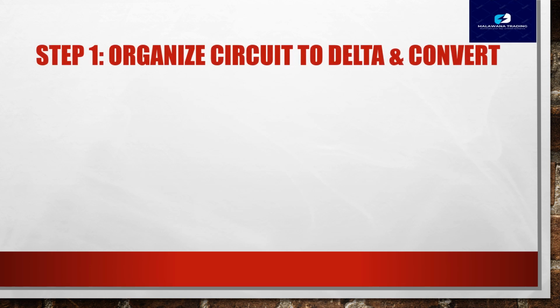The first step in solving the circuitry in H bridge format is to convert from delta into a star connected circuitry. But before we do that, we will need to organize the circuit into a delta in a way that we can understand as a delta shape. So we can do that as follows.